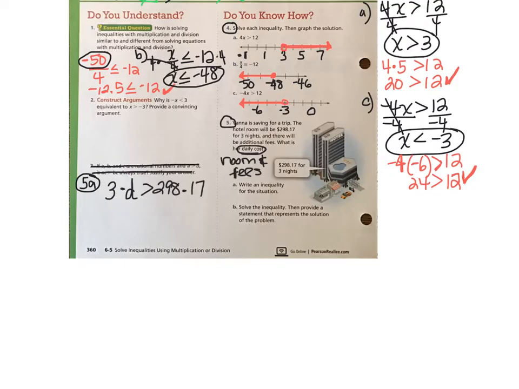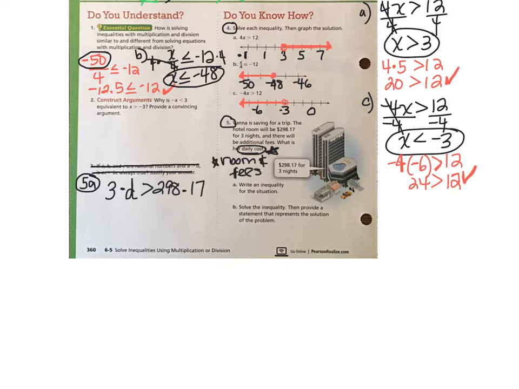So now let's take a look at number 5. Vanna is saving for a trip. The hotel room will be $298.17 for 3 nights, and there will be additional fees. What is her daily cost? Well, the key here is the idea of a daily cost, which includes the room and the fees.